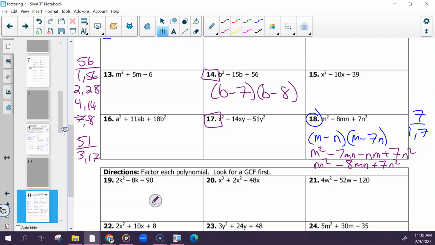We could actually stop there, because if one of these is negative, they're going to give us negative 14. Which one? If 17 is negative. So you would need x first and then y. A positive 3 with your y, and a negative 17 with your y.